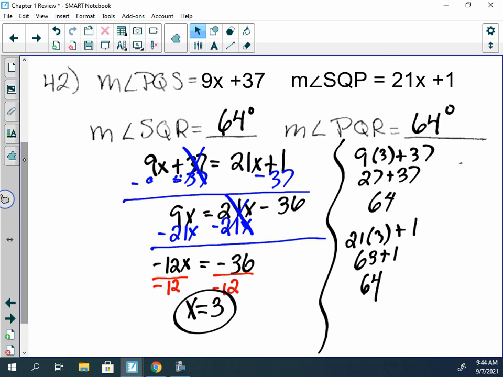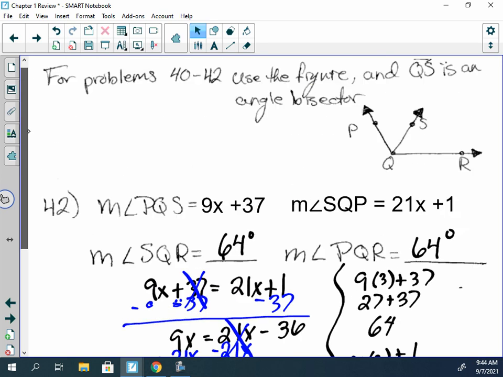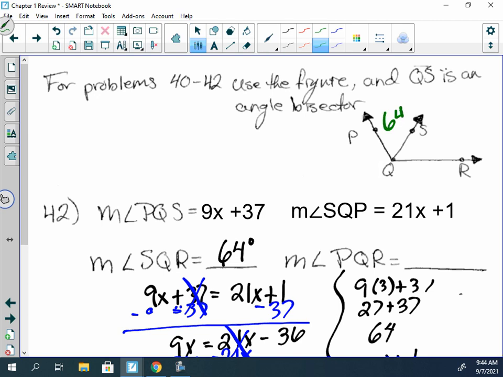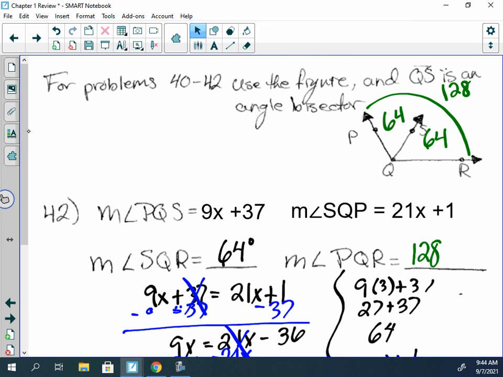So what is PQR? PQS is 64, SQR is 64, and the whole angle is 128. So just make sure, especially, that you're reading what the letters are so that you don't get those flipped like we just did there. Any other questions on this here?